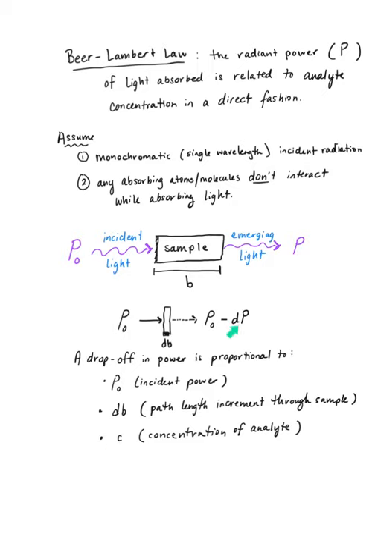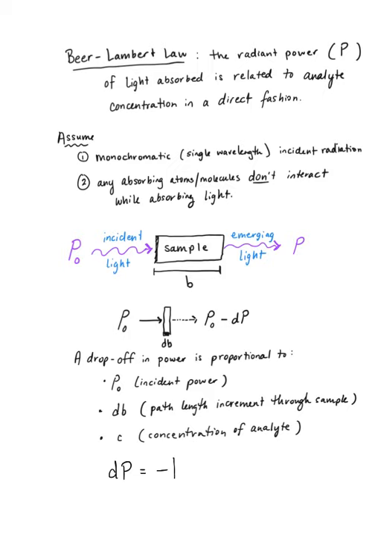Because this loss or change in power, this drop off in our incident light's power, is proportional to our original incident power, this increment in path length and concentration, we can set up an equation that relates all of these together. The equation looks like this. Our change in power, dP, is equal to a negative value, negative because we're decreasing the original power.